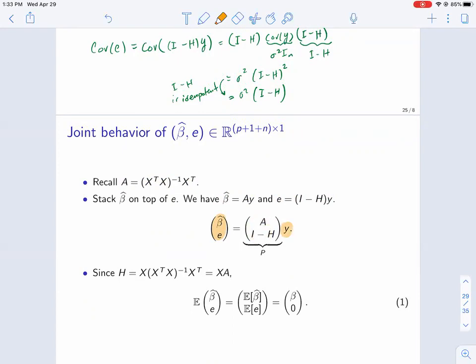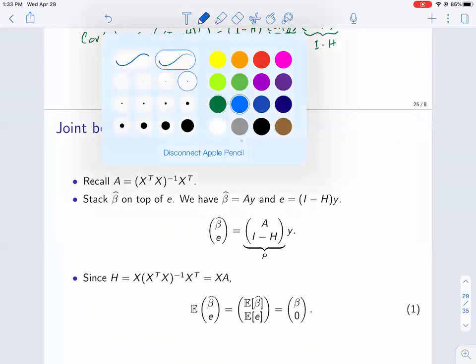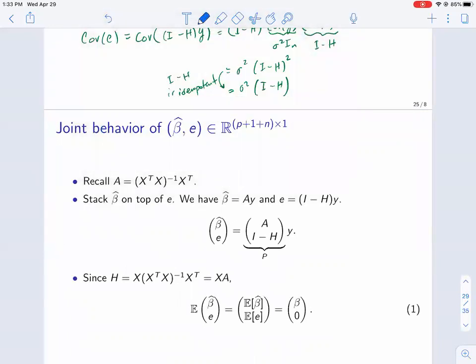Okay, why can I do this? This is basically the block multiplication idea, if you have seen it before. So A, what are the dimensions of A? Anyone tell me? Let's do this. This is (P plus 1) by 1.